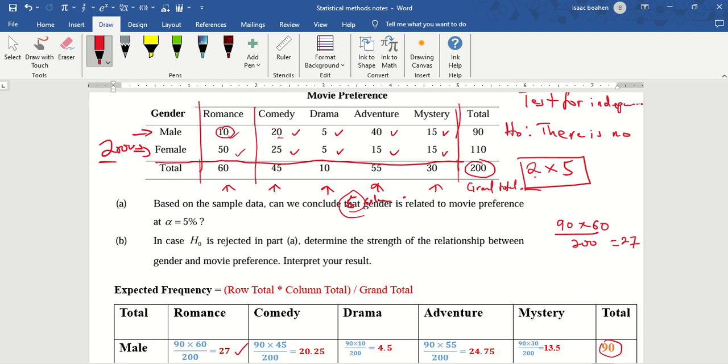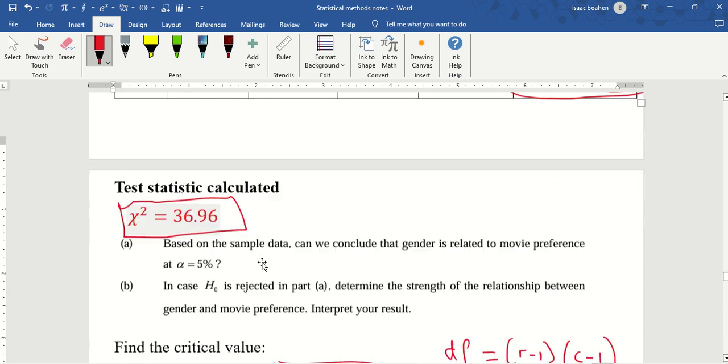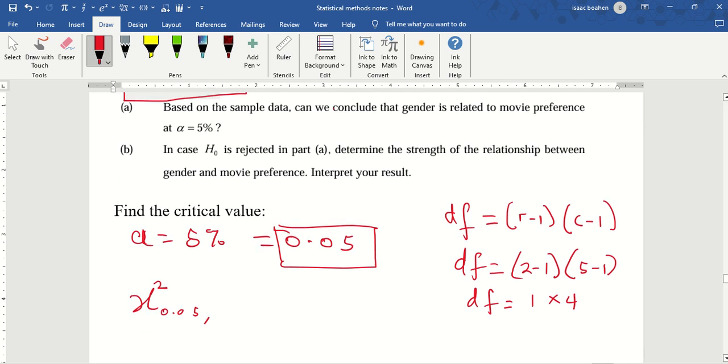It is 2 by 5. So it's going to be the number of rows, 2, minus 1. Then the columns is 5 minus 1. So my degree of freedom becomes 1 times 4, which is equal to 4.